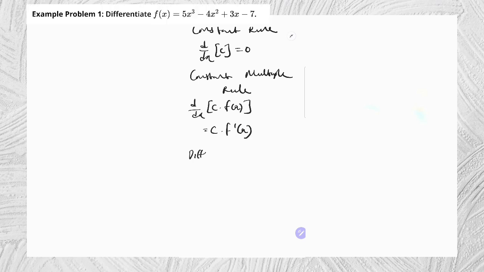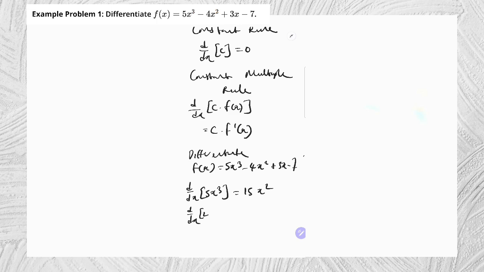In this question, we are asked to differentiate f of x is equal to 5x cubed minus 4x squared plus 3x minus 7. So using the power rule for each term, when you differentiate 5x cubed, we are going to have 3 times 5, 15, and 3 minus 1, 2. So that's 15x squared.